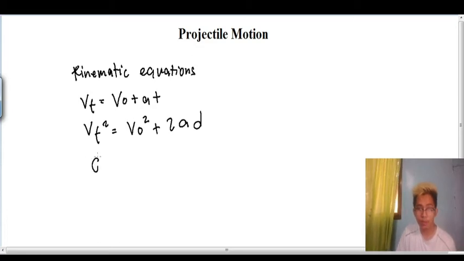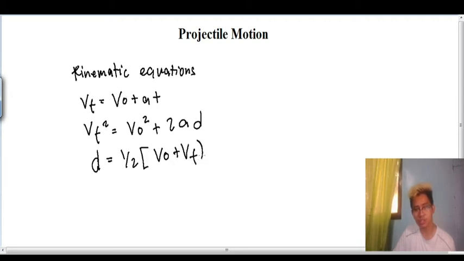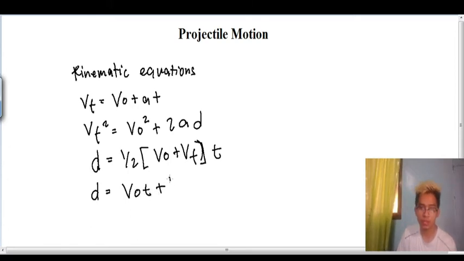Another one is the displacement is equal to 1/2 times the initial velocity plus the final velocity times your time. And the last formula in the kinematic equations is the displacement is equal to initial velocity times time plus 1/2 at squared.